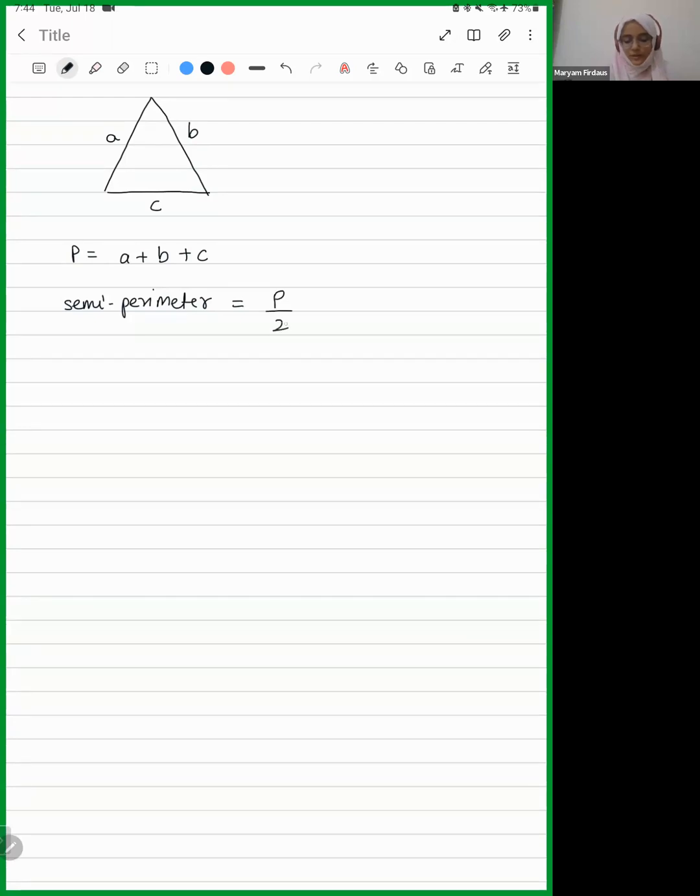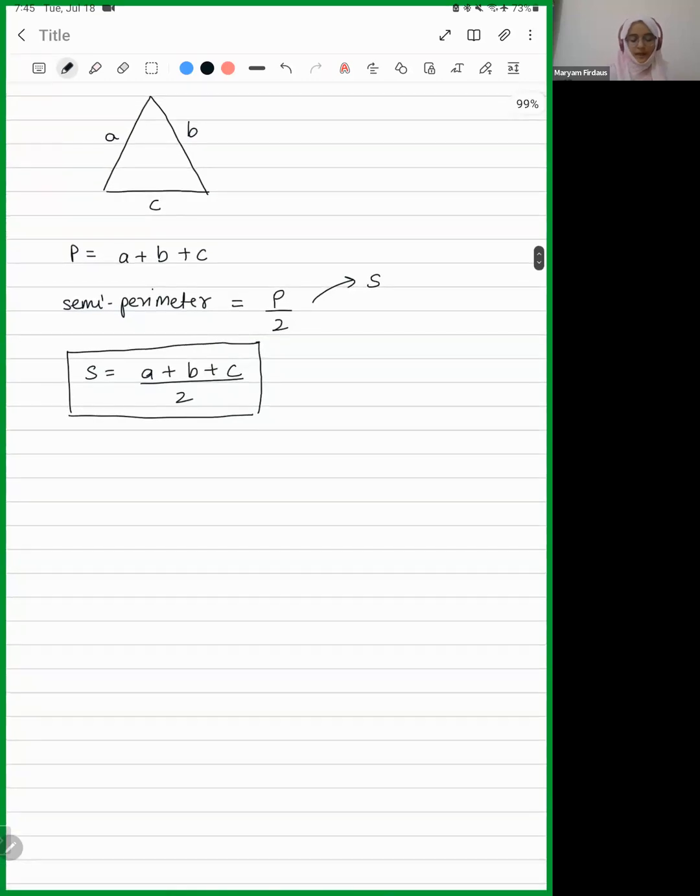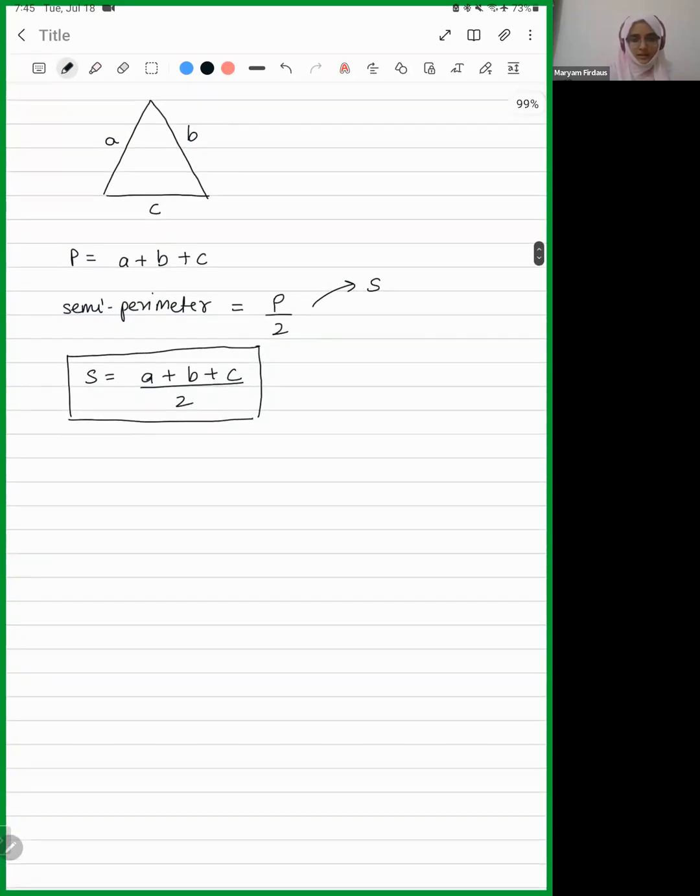We denote this as S. In short, S is A plus B plus C by 2. Please write this down. Draw this diagram of the triangle in your notebook and write S, which is semi-perimeter, equals A plus B plus C by 2.